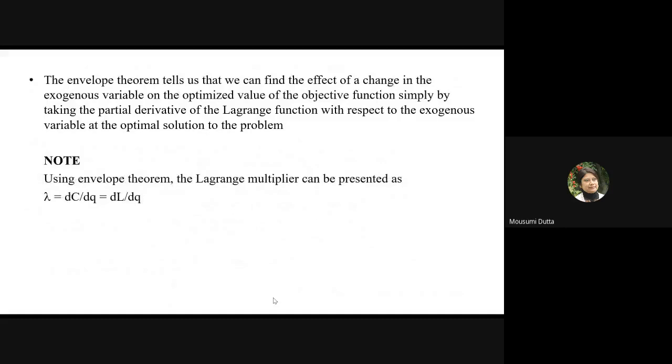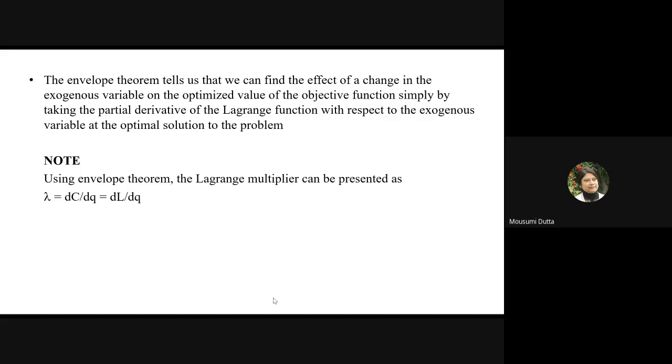Before that, the envelope theorem tells us that we can find the effect of a change in the exogenous variable on the optimized value of the objective function simply by taking the partial derivative of the Lagrangian function with respect to the exogenous variable at the optimal solution to the problem.